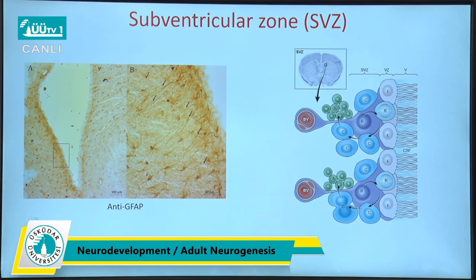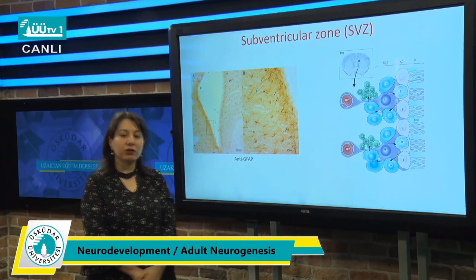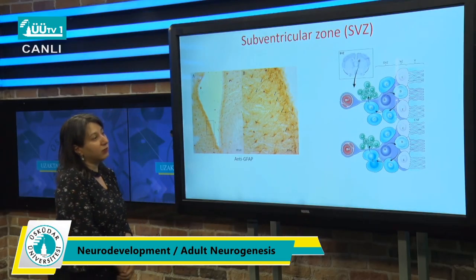Some of these cells will reach the veins, the capillaries, and they will function as normal astrocytes, whereas some of them will continue to proliferate, and some of them might undergo a series of differentiation.